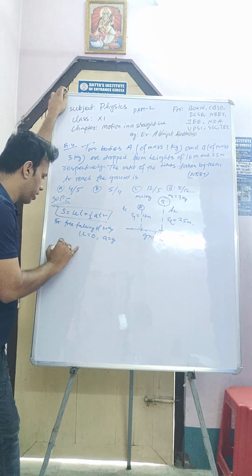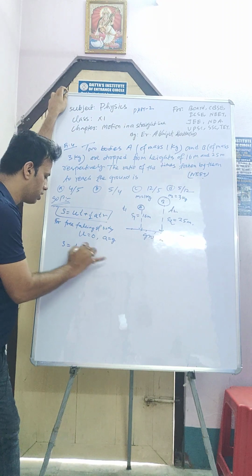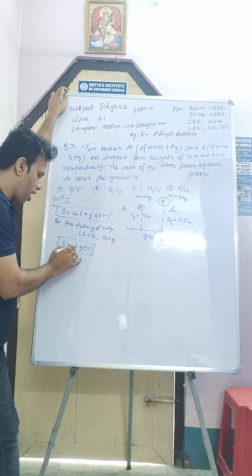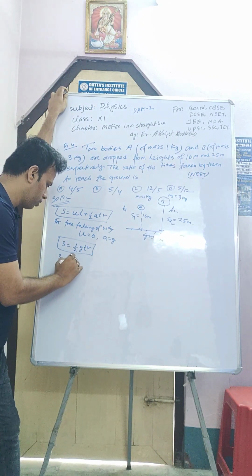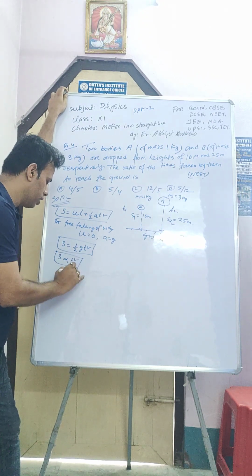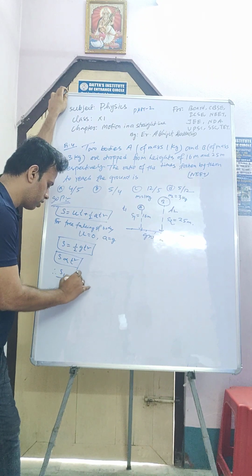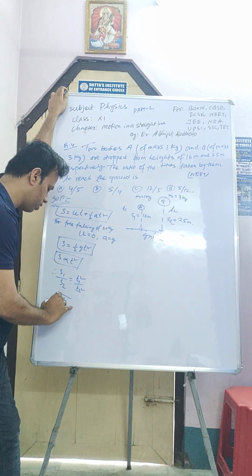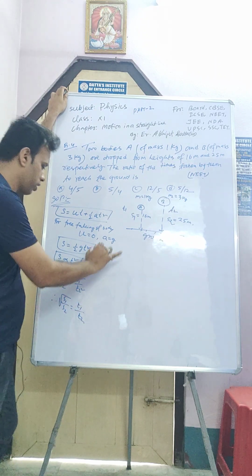So S equals half g t square. Half and g are constant for all the bodies, so S is proportional to t square. So S1 by S2 equals t1 square by t2 square, and from that, root of S1 by S2 is equal to t1 by t2.